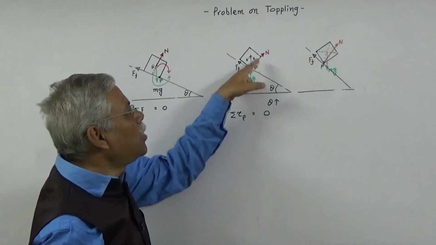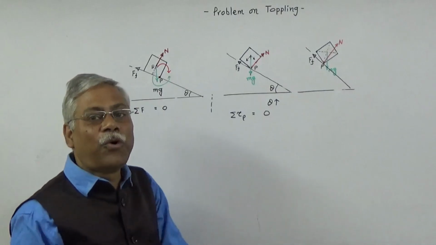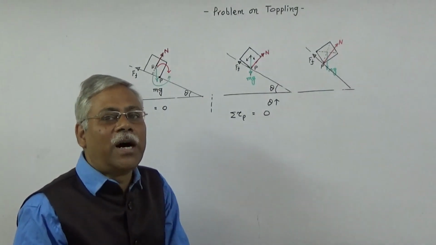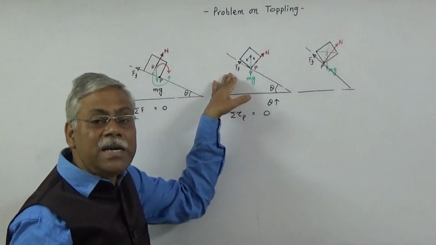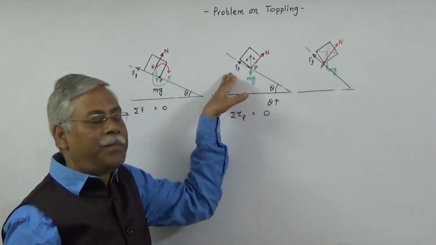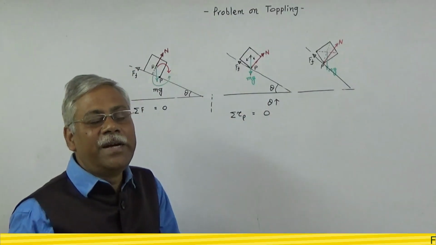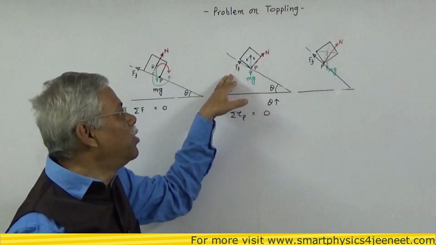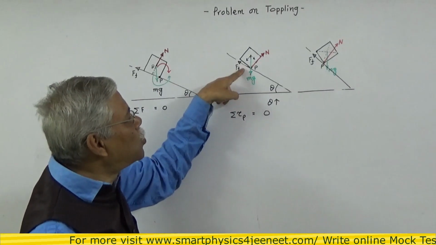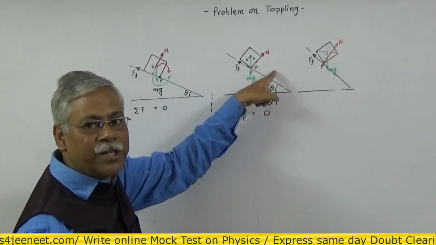The reason is all the forces acting on the body are passing through the point about which we are calculating the torque. So the body is still in rotational equilibrium, but it is on the verge of losing its rotational equilibrium. The body is still in translational equilibrium because the frictional force just gets balanced by the component of mg.